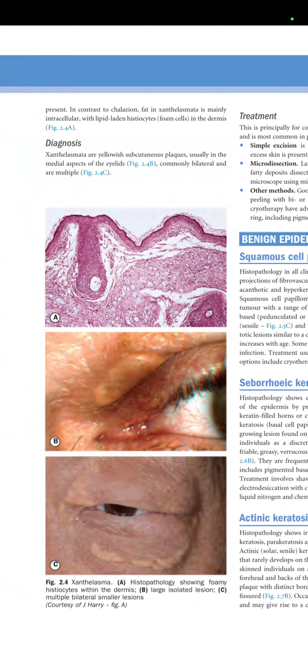So you can see figure 2.4. A is showing histopathology, showing foamy histiocytes within a dermis. B is showing the large isolated lesion, D is showing the small isolated lesions.